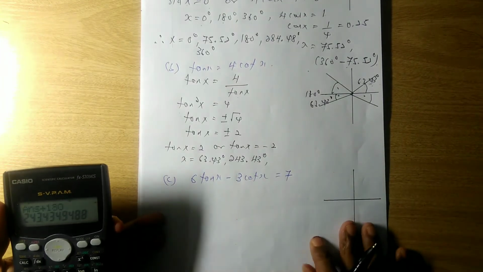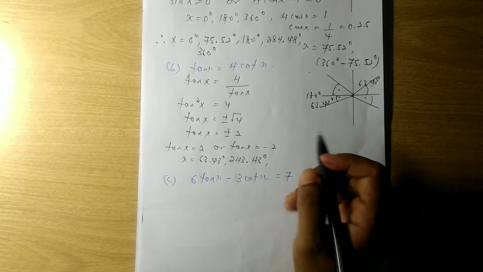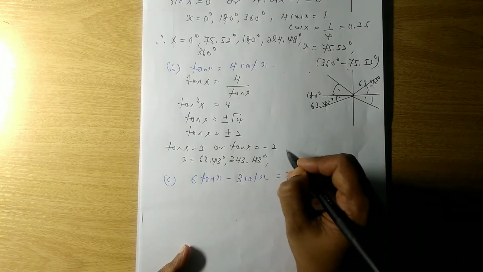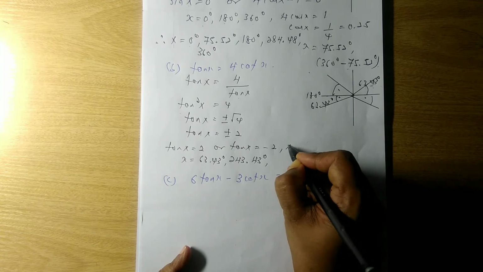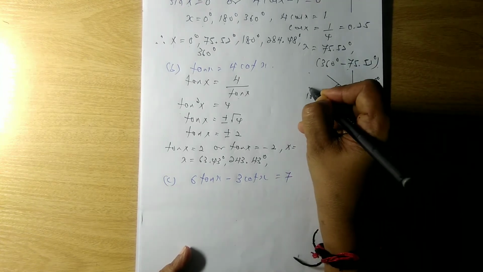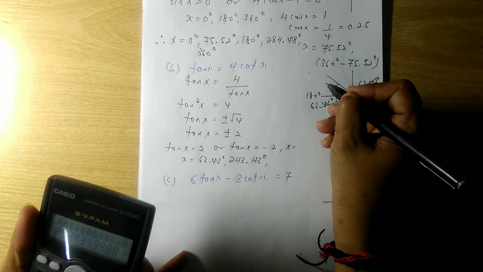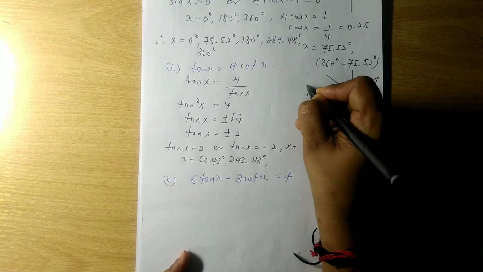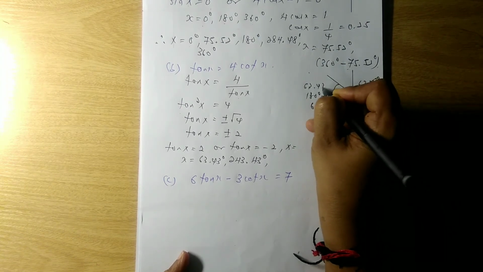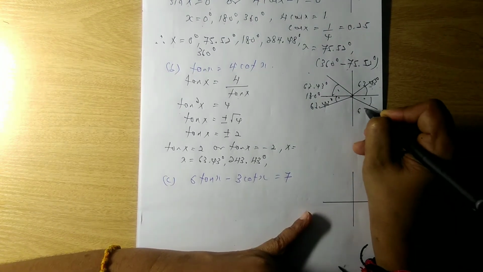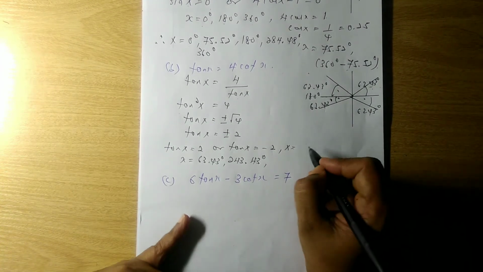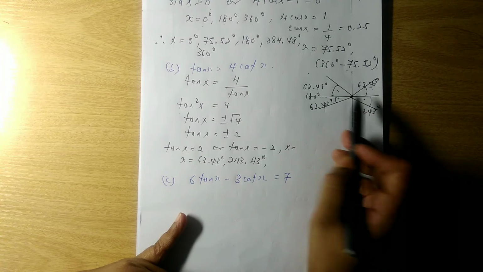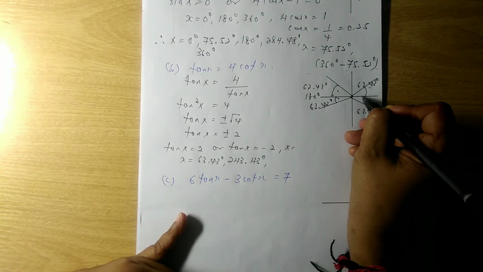Okay, now for tangent being negative, this one here. So x can be in the second quadrant, same angle, 63.43 degrees, or one more here, 63.43 degrees. Okay, two angles. So x here will be 180, because I want from here all the way up to this line.